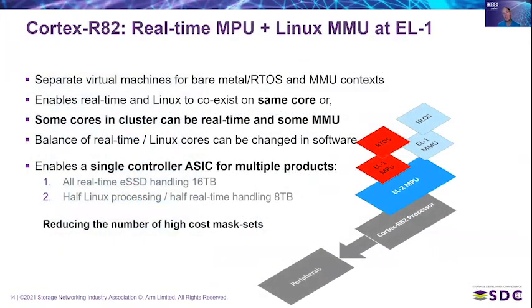So thinking a little bit more about the MMU, plus the memory protection unit, MPU, how does that work? Well, if we take a look at this diagram over on the right-hand side, essentially at the highest exception level, there's an MPU context. And under that MPU context, you can then instantiate either another MPU context and/or an MMU context.